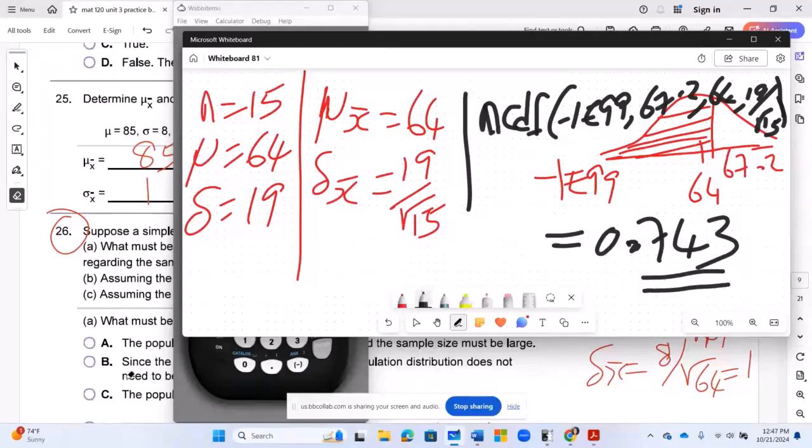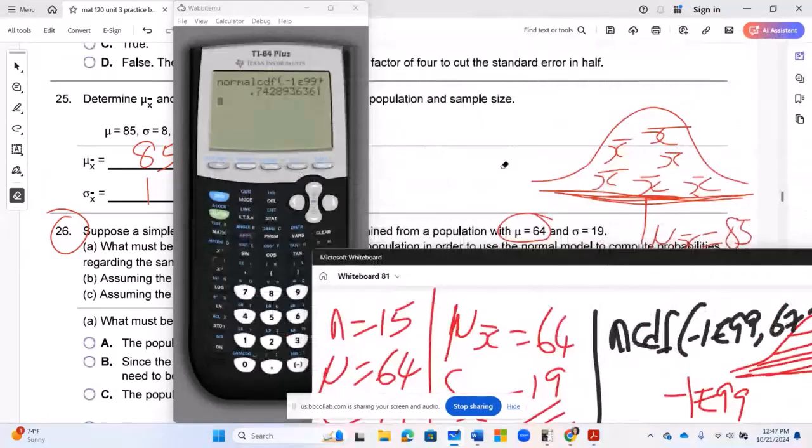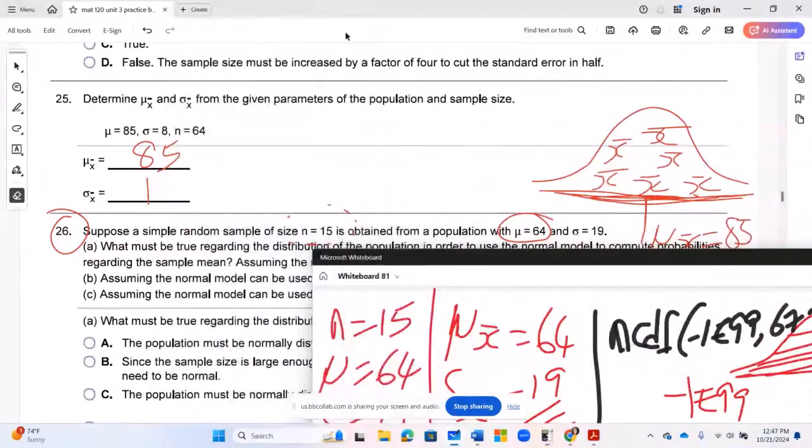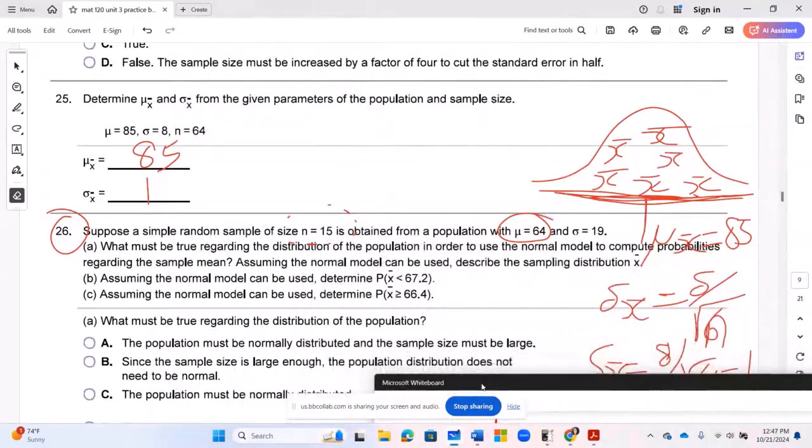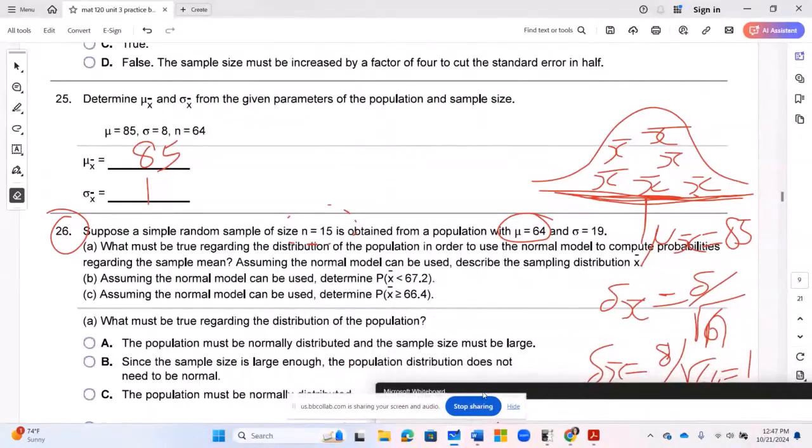Let's look at that question again. Assuming the normal model can be used, determine. So I just found the area to the left of 67.2.